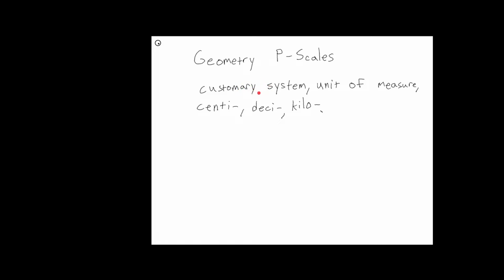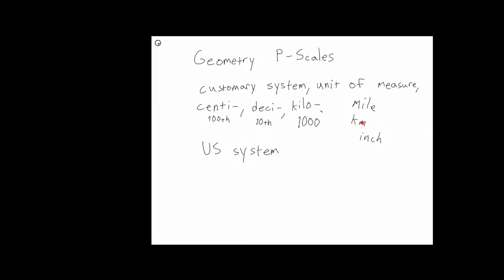The customary system, that is the US system of measurement for volume, weight, etc. A unit of measure is something like a mile, a kilometer, an inch. These are all units of measure. And centi, deci, kilo mean 100th, 10th, and 1,000.